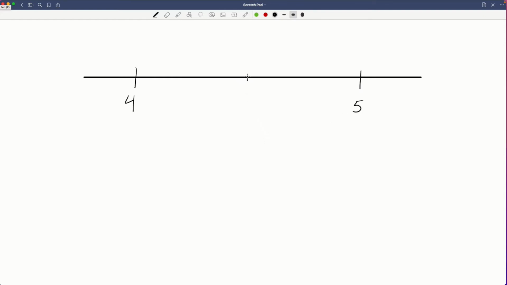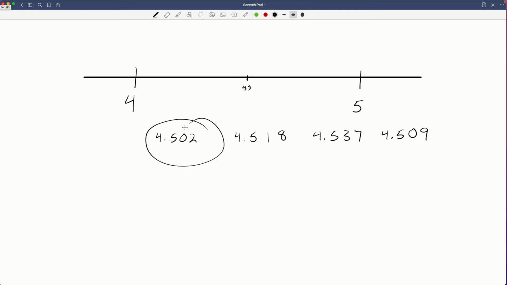But we know right in the middle, we have 4.5. What if we had 4.502, 4.518, 4.537, and 4.509? Which number would come first?